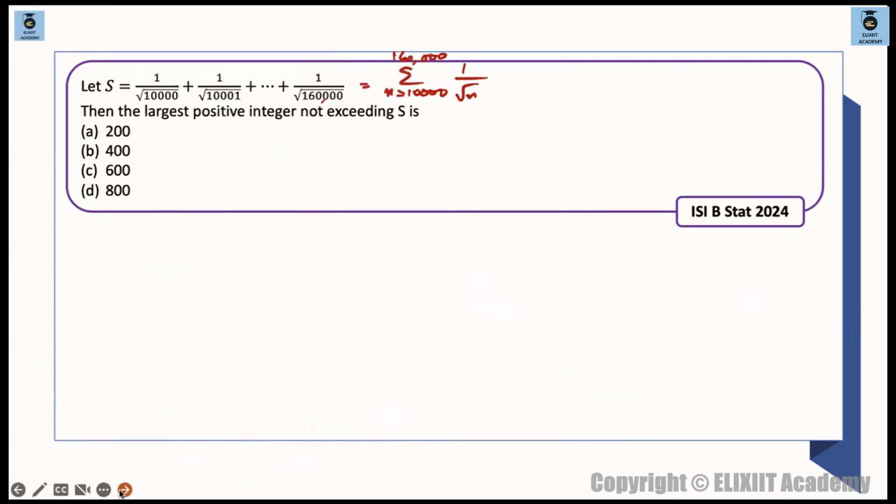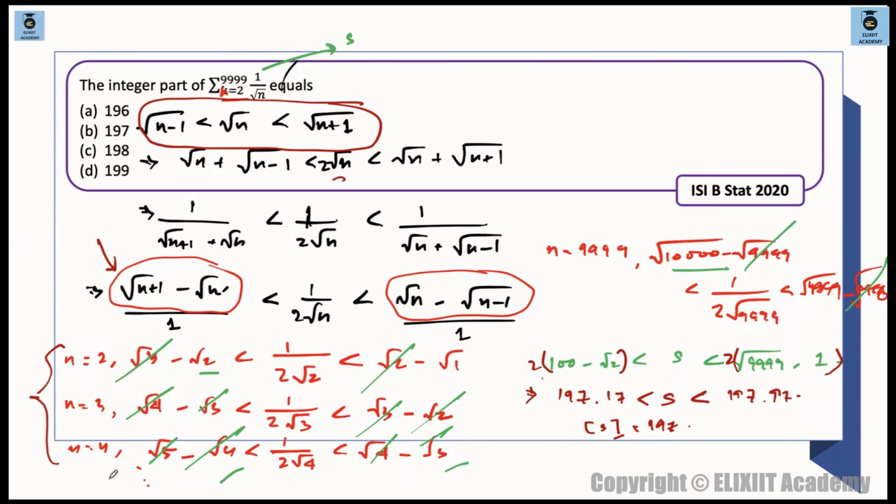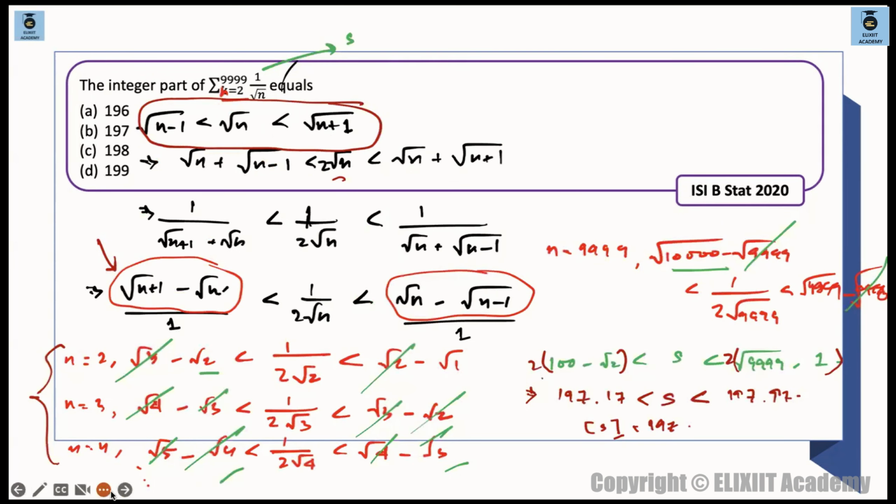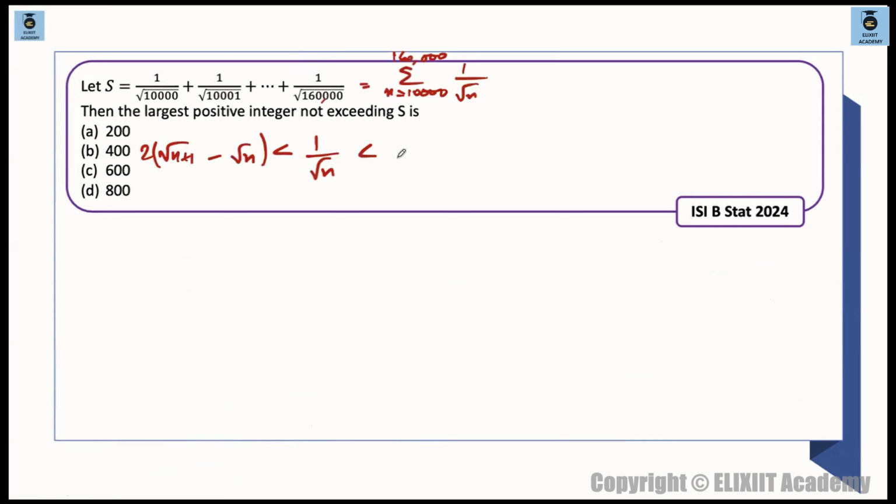So square root of n plus 1 minus square root of n is less than 1 by 2 times root of n, which is less than root of n minus root of n minus 1. We can multiply this 2 over here directly, so we get 2 times root of n minus root of n minus 1.